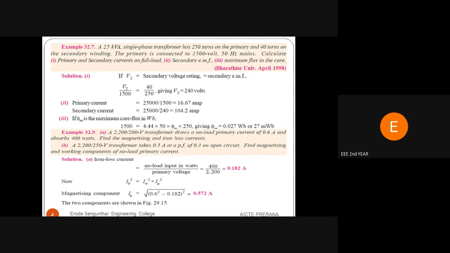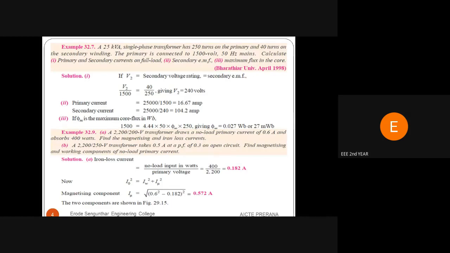I1 equal to the rating of the transformer divided by the primary voltage, that is 25,000 divided by 1500 volts. We get the primary current value of 16.67 ampere.